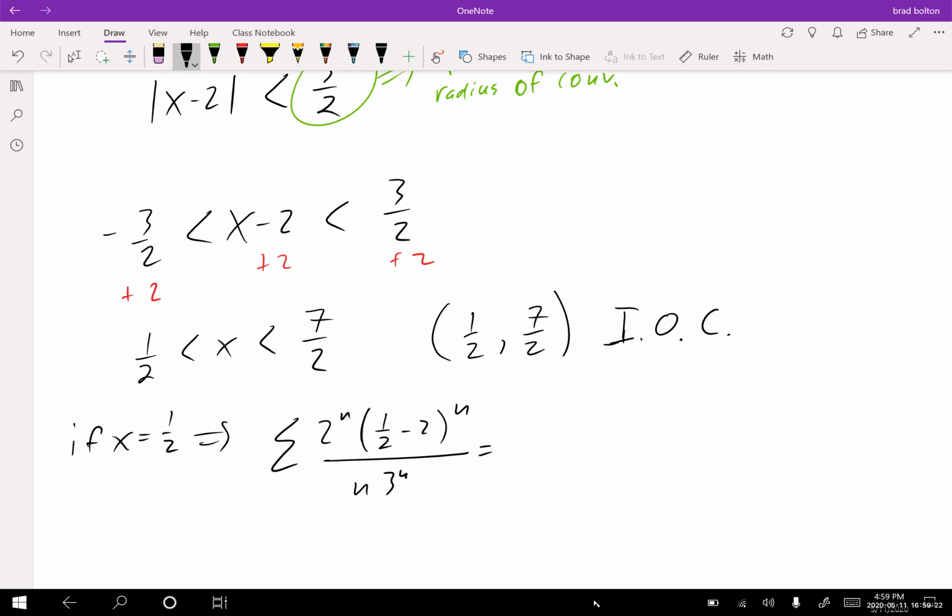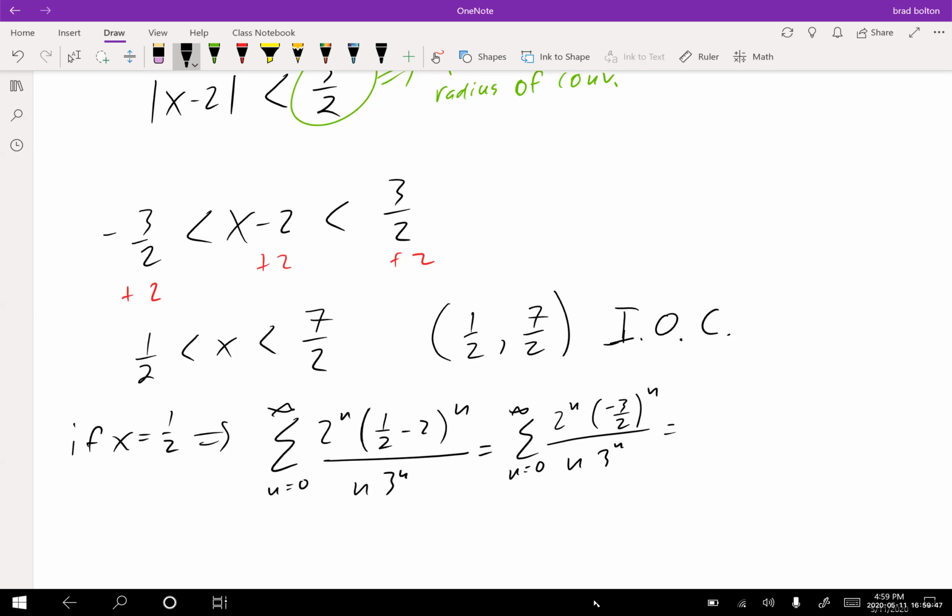Well, this is going to equal, n equals 0 to infinity, 2 to the n, this will be what, negative 3/2 to the n, all over n 3 to the n.